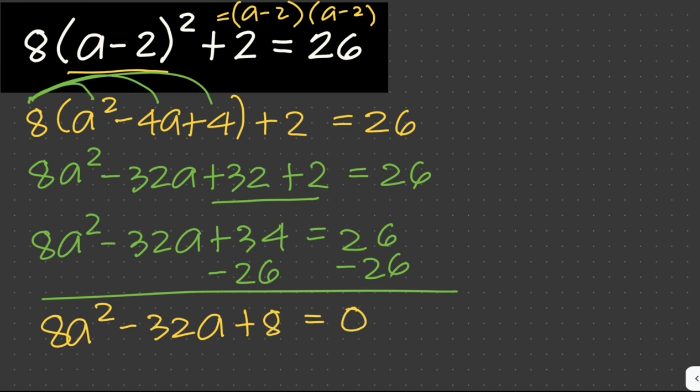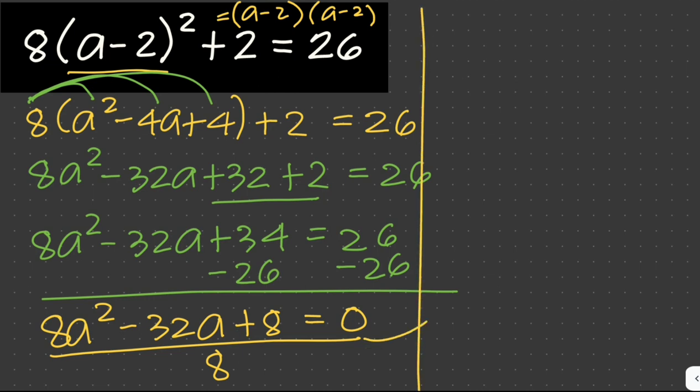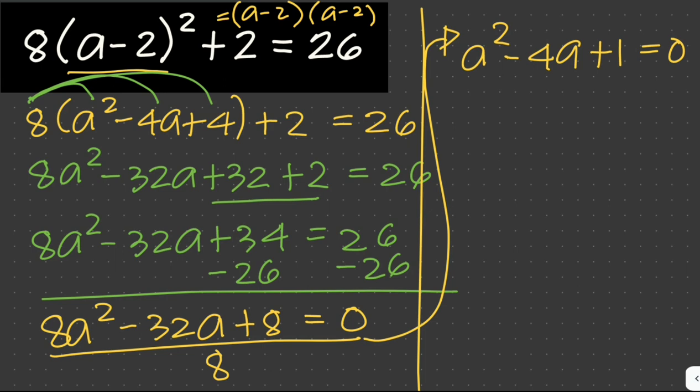Have you noticed here that everything is divisible by 8, so we can divide both sides by 8. So our equation would become a squared minus 4a plus 1 equals 0. And now our new equation is a squared minus 4a plus 1 equals 0.